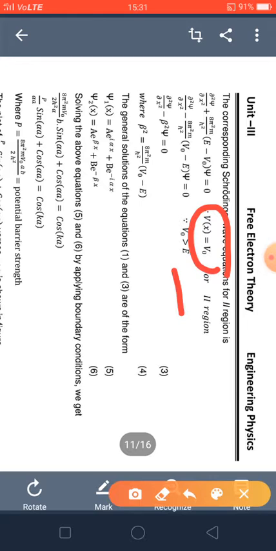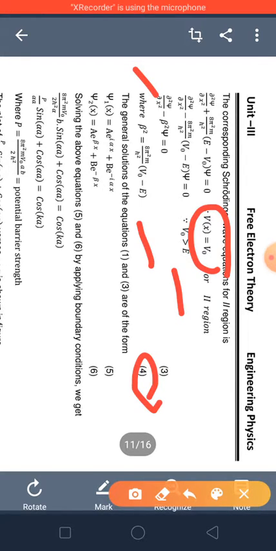Similarly, as we put 8 pi square m by h square into E as alpha square, here we use 8 pi square m by h square into V naught minus E is equal to beta square, as equation number 4.